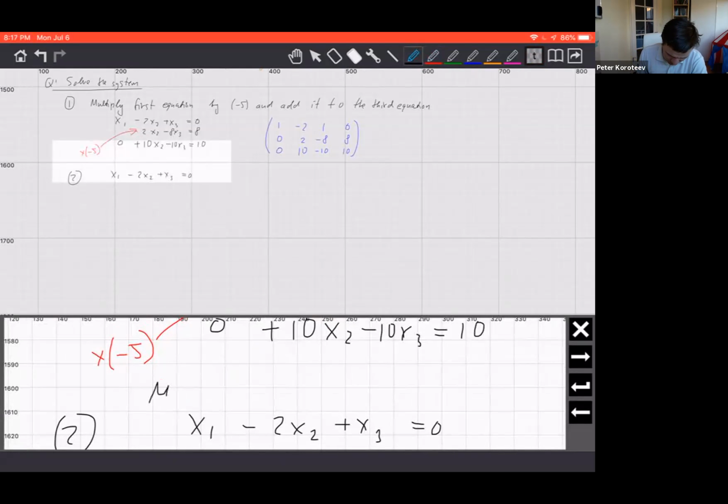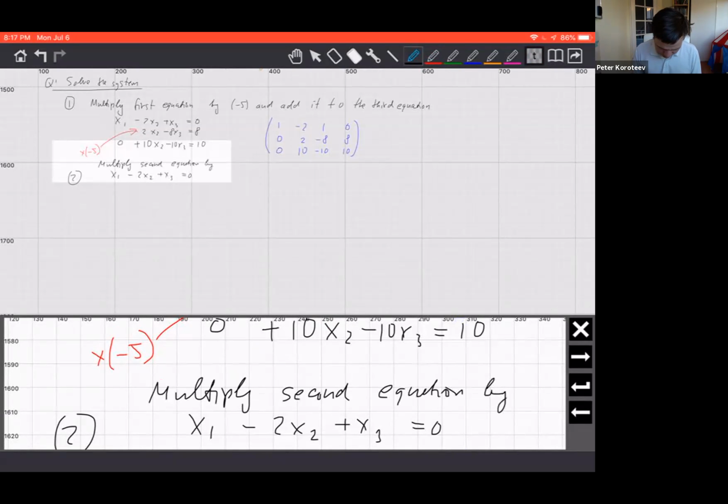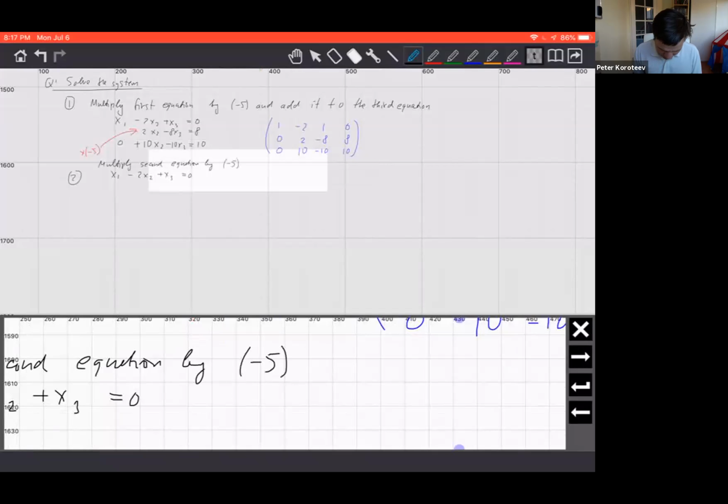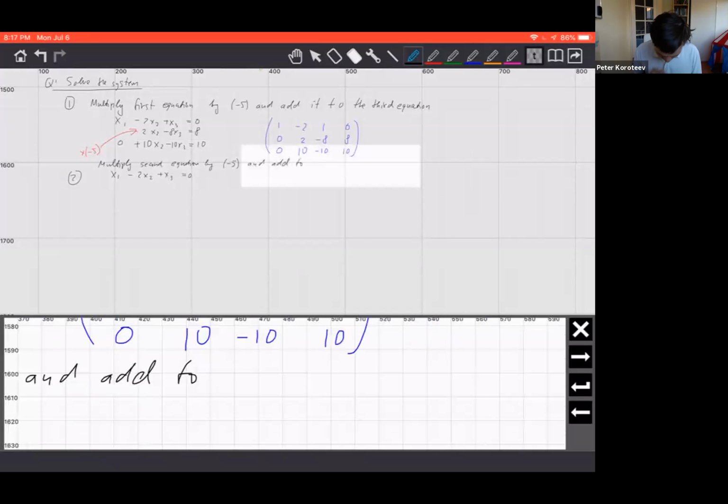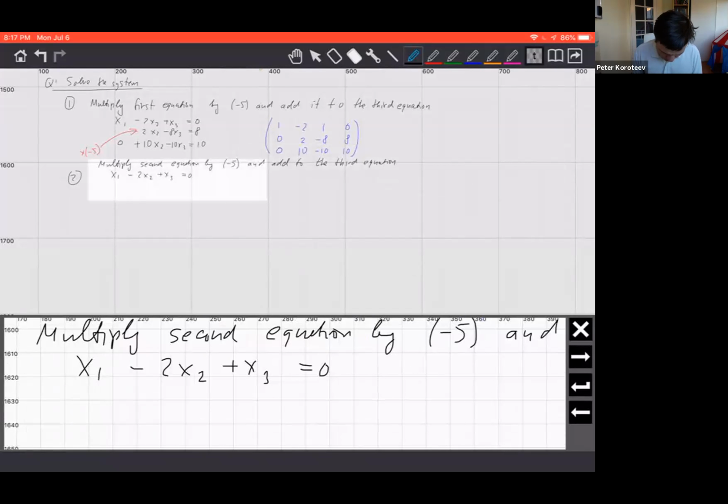So multiply second equation by -5 and add to the third equation. This procedure is not unique, but later we'll discuss some algorithm that will help us to make it more or less unique. So yeah, this one we keep.